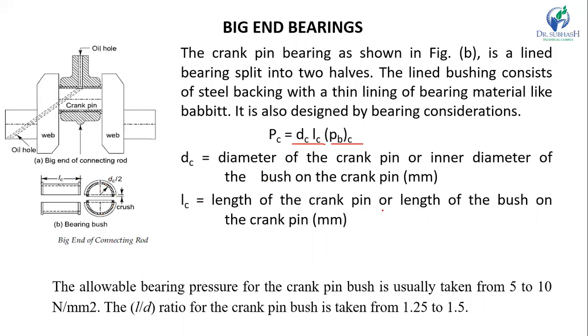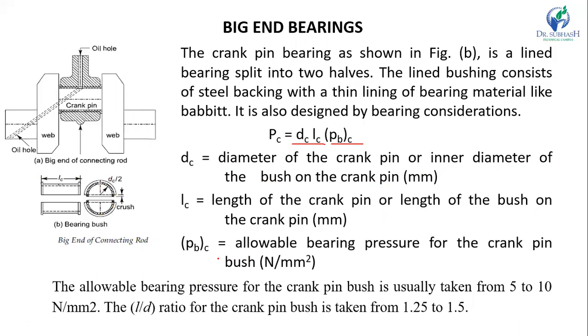LC is the length of the crank pin or length of the bush on the crank pin. And PBC is the allowable bearing pressure for the crank bush. Here the L by D ratio is taken as 1.25 to 1.5 and the bearing pressure is taken as 5 to 10 Newton per mm square.